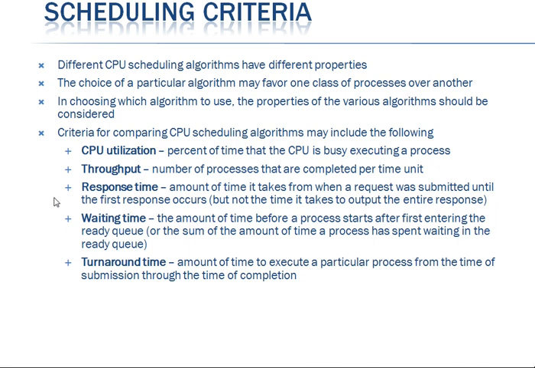This is the number of processes that are completed per unit time. So throughput means how many processes we are able to complete in a given unit time. Next is response time. It is the amount of time from when a request was submitted until the first response occurs.